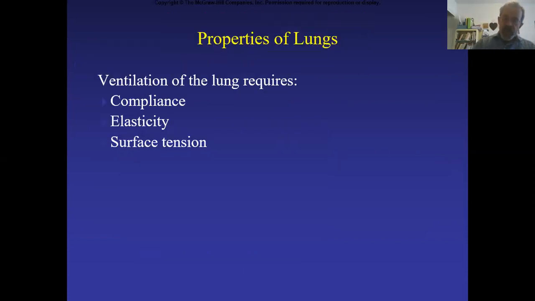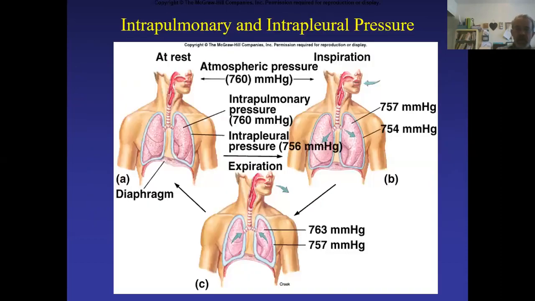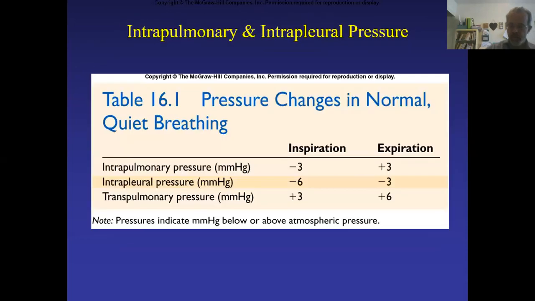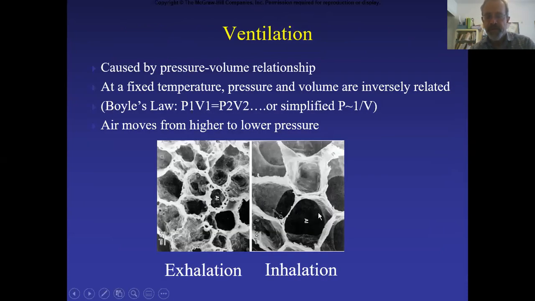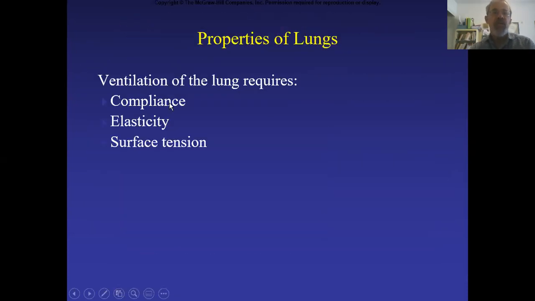All right. So one of the things we know about for the lungs to work properly, in addition to having everything intact, the trachea, the bronchi, everything delivering oxygen to the lungs, that's well and good, but there's got to be certain properties of the lungs that enable it to inflate, much like we saw right there. So first of all, we need three main properties for the lung to properly inflate or to ventilate.